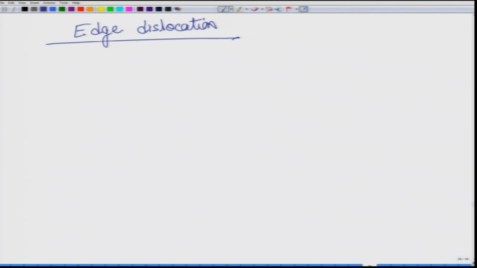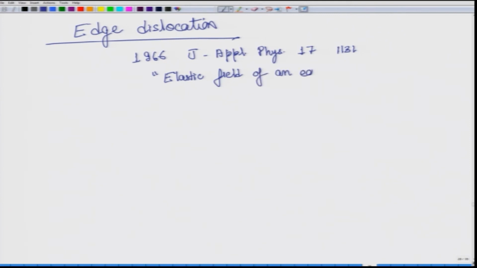So, if you are interested, you can go back and read this very classic paper in the Journal of Applied Physics, and the topic is the elastic field of an edge dislocation.